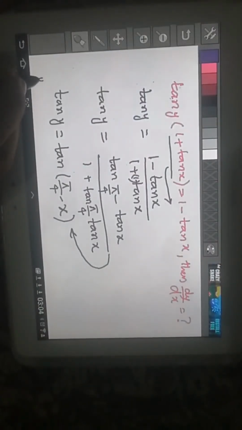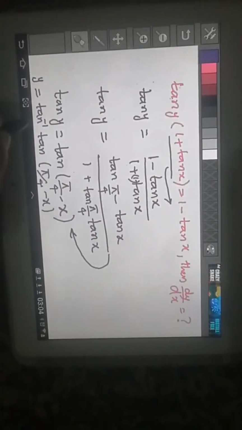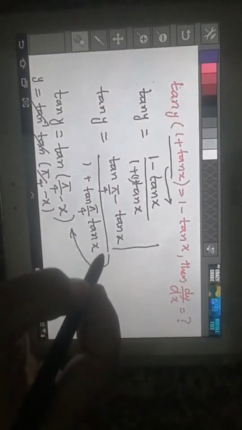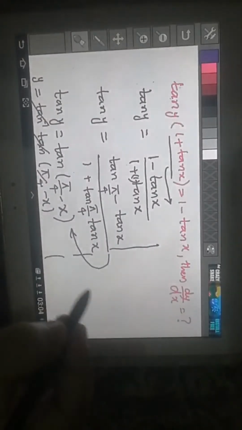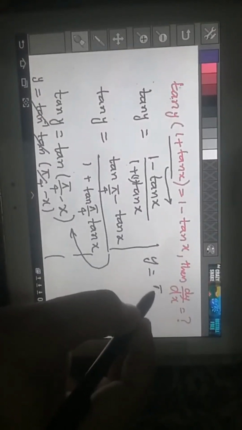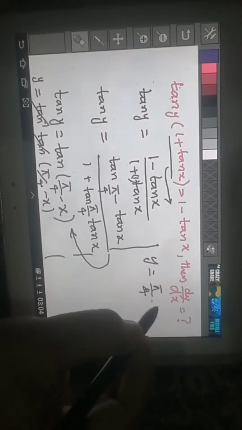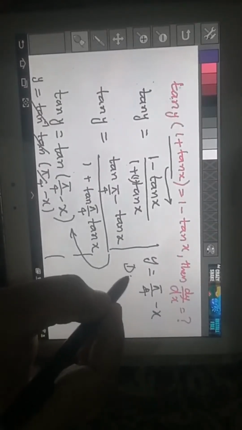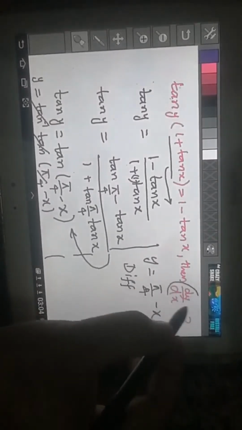So I can apply tan inverse on both sides. On the left side it gets cancelled, and on the right side it also gets cancelled, because tan and tan inverse are inverse functions, they cancel each other. And then we can see the function transforms into a new form, y is equal to pi by 4 minus x. And now we differentiate because the derivative is demanded.